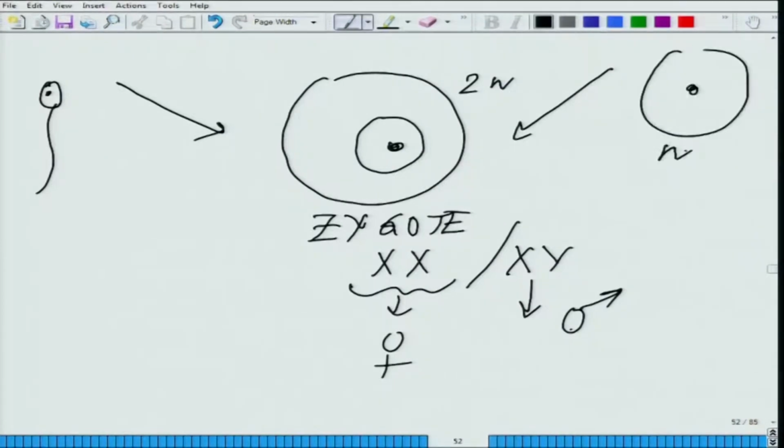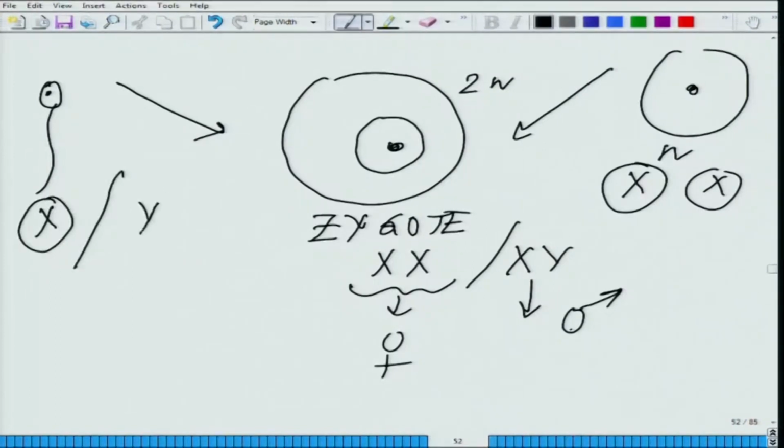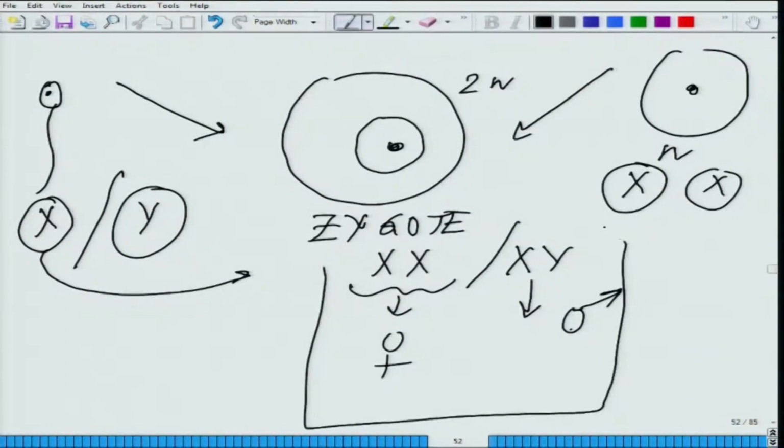The female contributes X, whereas the male could contribute either an X or a Y. If it contributes a Y, then it leads to a male, and if it contributes an X, then it leads to a female. So, in other words, whether it will be a male or a female is actually not determined by the woman, it is determined by the male. If you look at it from the chromosome perspective, that is how it looks.